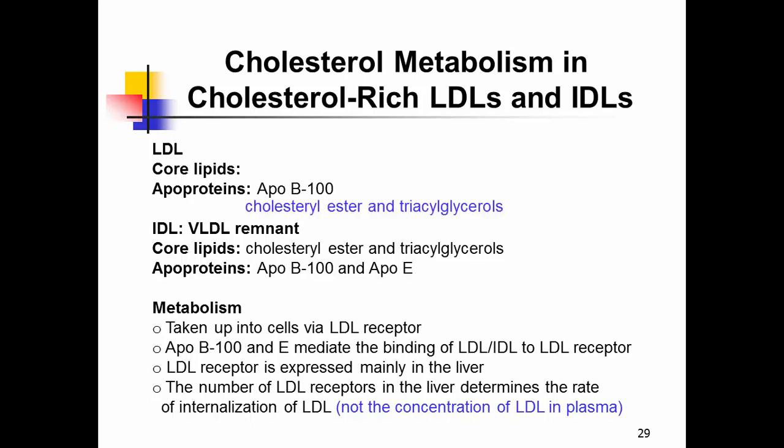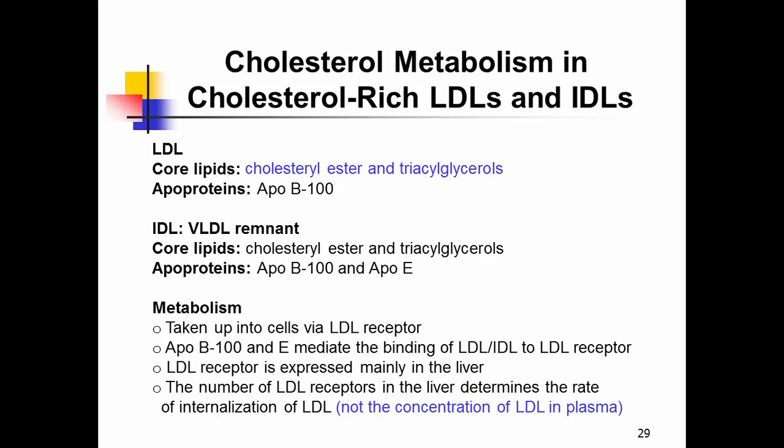So the main lipids in the LDL core are cholesterol esters, but also some triglyceride. And the apoprotein on the surface of LDL is ApoB100. Pretty simple, right? Only one apoprotein, ApoB100, on the surface of LDL.